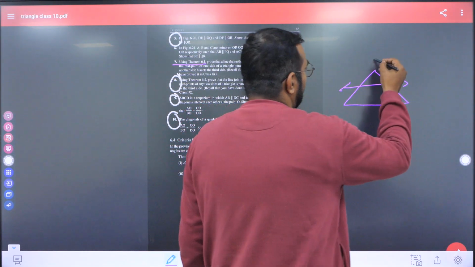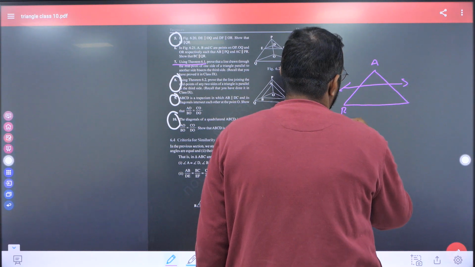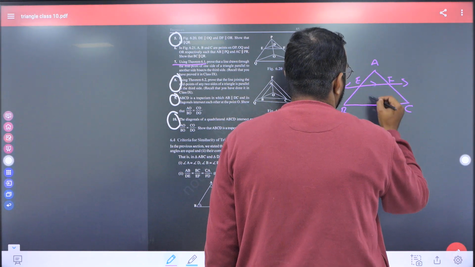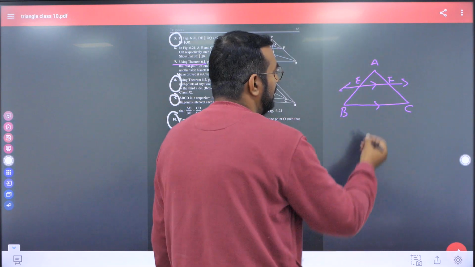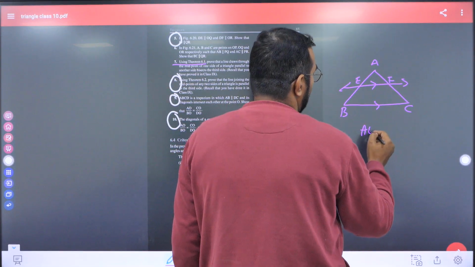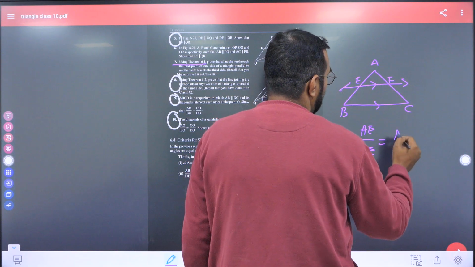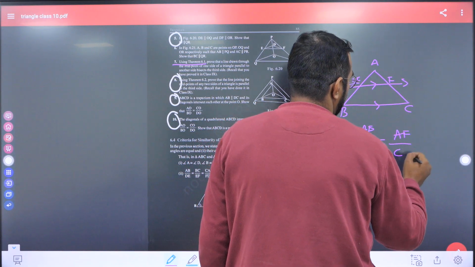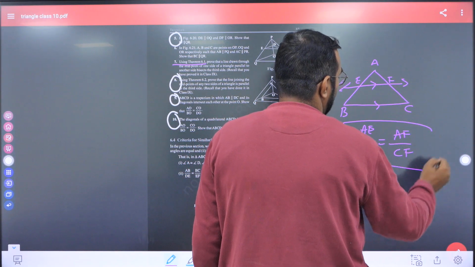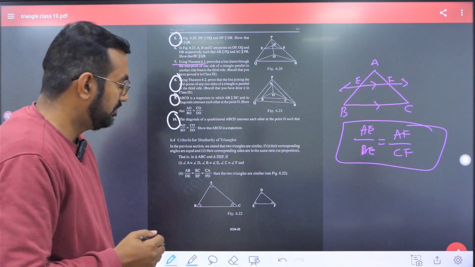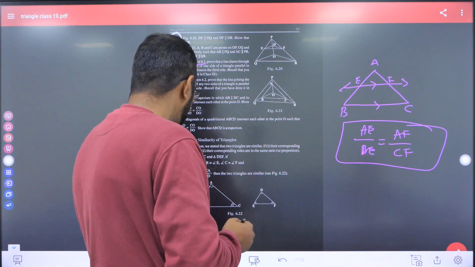Means, suppose here is a triangle ABC and EF. Here EF is parallel to BC, then AE upon BE is equal to AF upon CF, right? This is all about theorem 6.1.